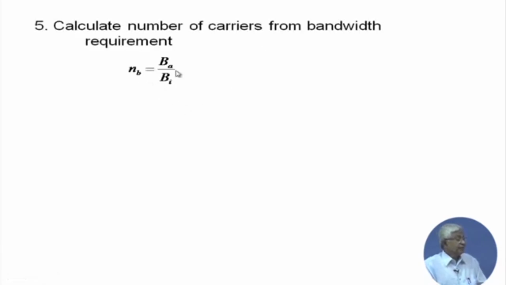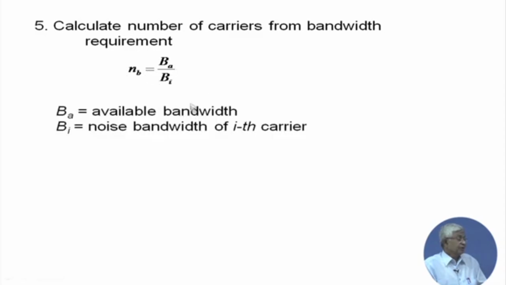We have BA and BI calculated. It is the ratio, or in terms of log you can put it the log way also: available bandwidth over noise bandwidth. You can take it as a ratio, or if BA and BI are in log terms, in dB terms, then it will be BA minus BI in log, and NB also will come in log terms, so convert it back to a ratio.